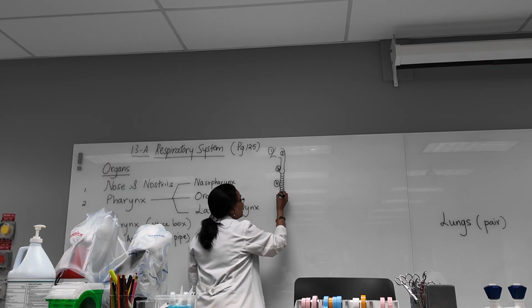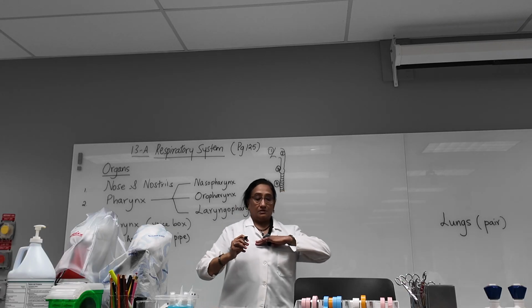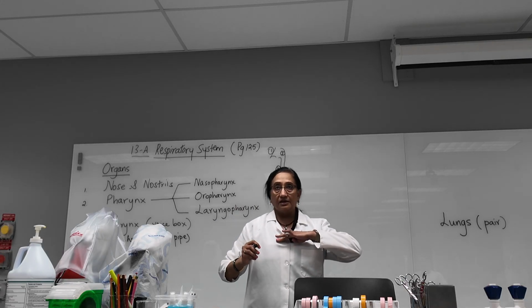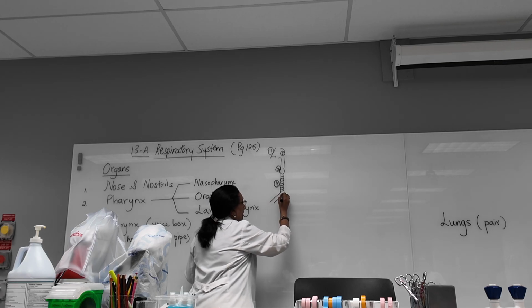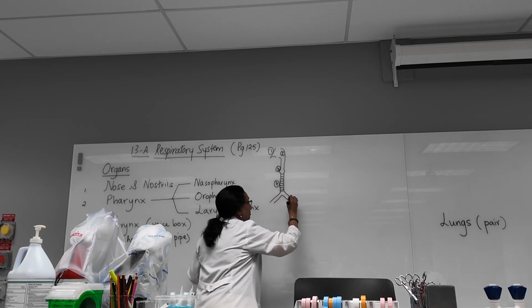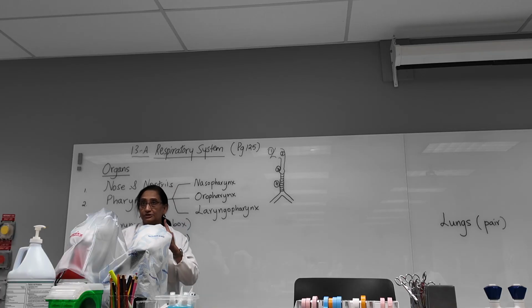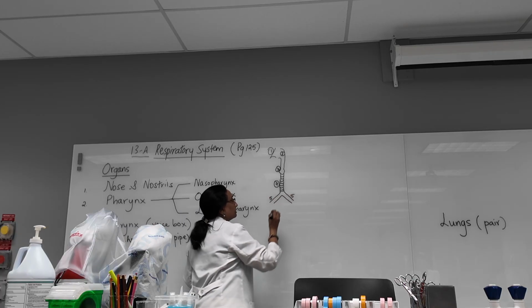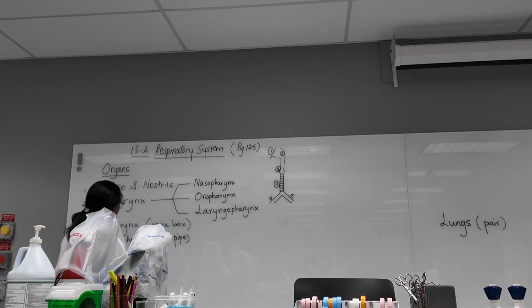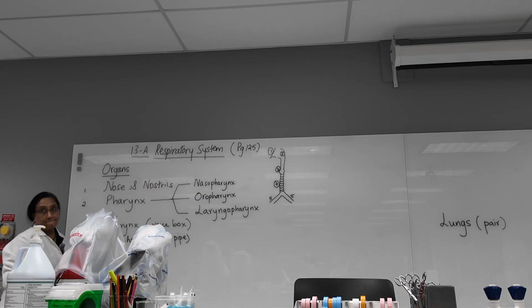number 5, the trachea behind the sternum divides into 2. Okay? It divides into 2. Let's number this 5. 5 is known as, do you know?